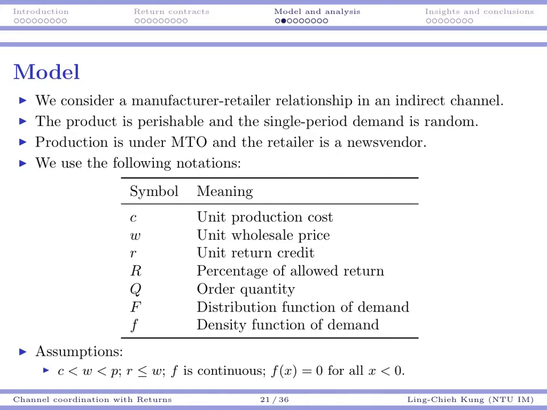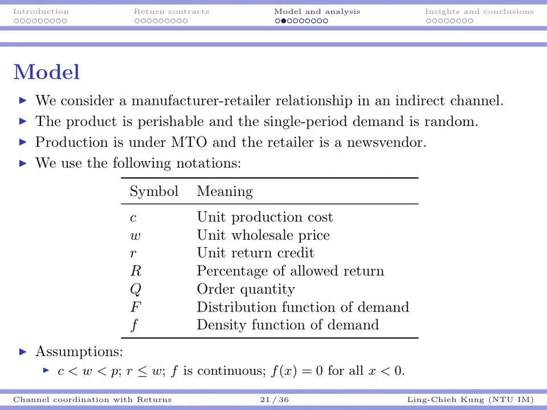We're going to assume the following basic assumptions. The wholesale price must be within small c and small p, so it cannot be lower than the production cost and it will not be greater than the unit retail price. The return credit will be smaller than W. Okay, so if I sell you product at $10, I am not going to allow you to return at $11.